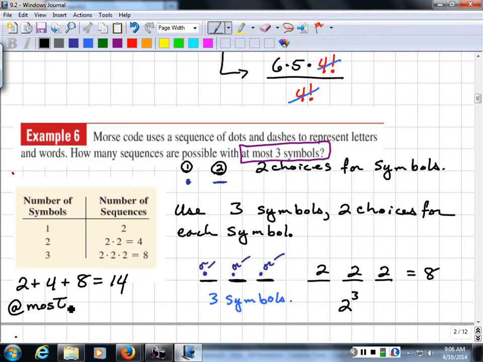So at most 3 symbols, and that yields 14 possible sequences.